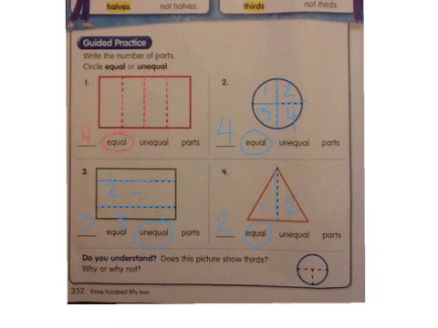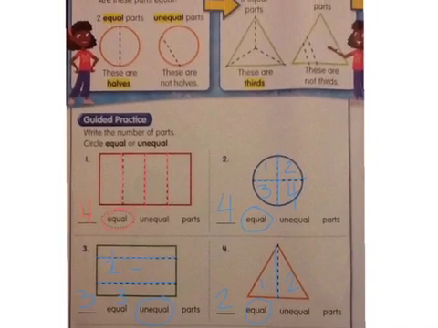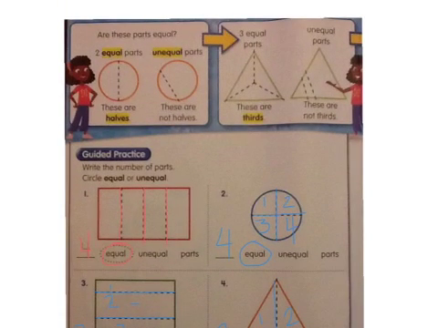Do you understand? Does this picture show thirds? Why or why not? Now, as I was looking at this math paper earlier today, I was looking at the top of the paper here, the visual learning bridge that they put on your math paper for you. And here's where they talk about thirds.